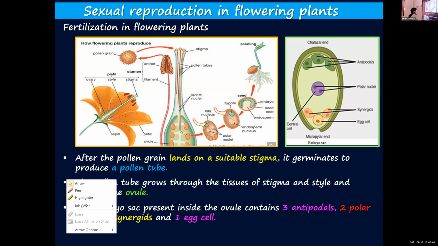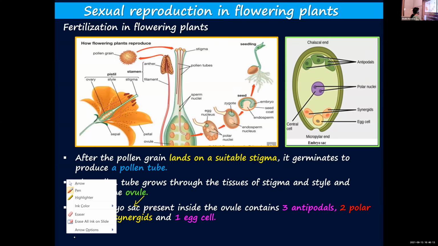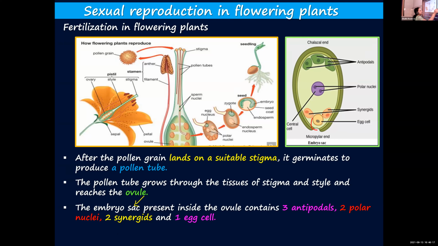Ovary, ovule, embryo sac. Here you can see the picture of an enlarged embryo sac. Inside the embryo sac, only one egg cell is present, only one female gamete. But many other structures are there.